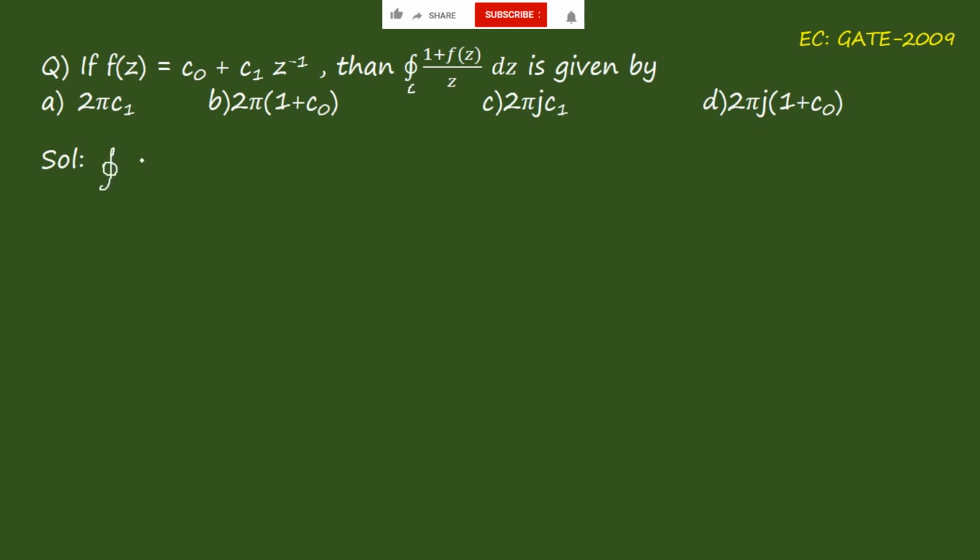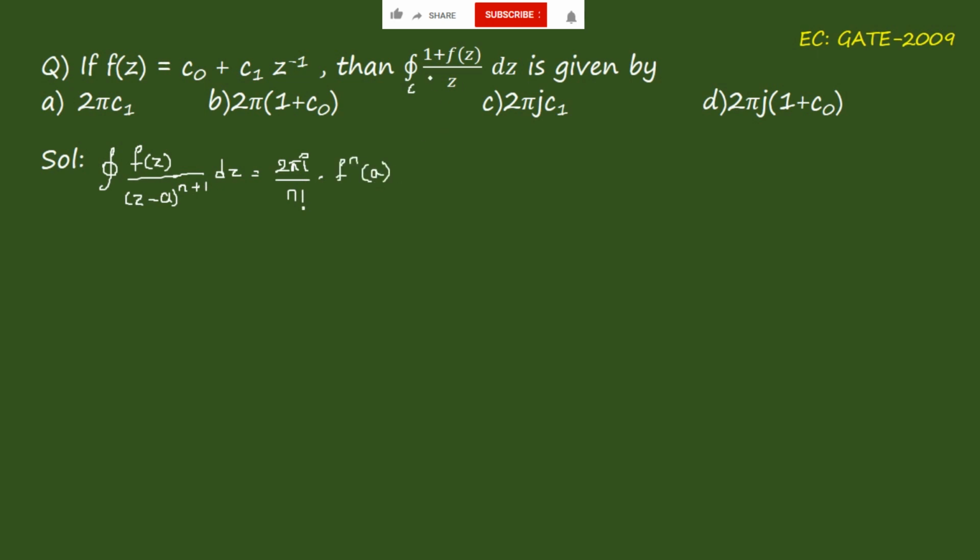It is given as the integral over the closed curve of f of z by (z minus a) whole power n plus 1 dz is equal to 2 pi i by n factorial into f^n of a, right?